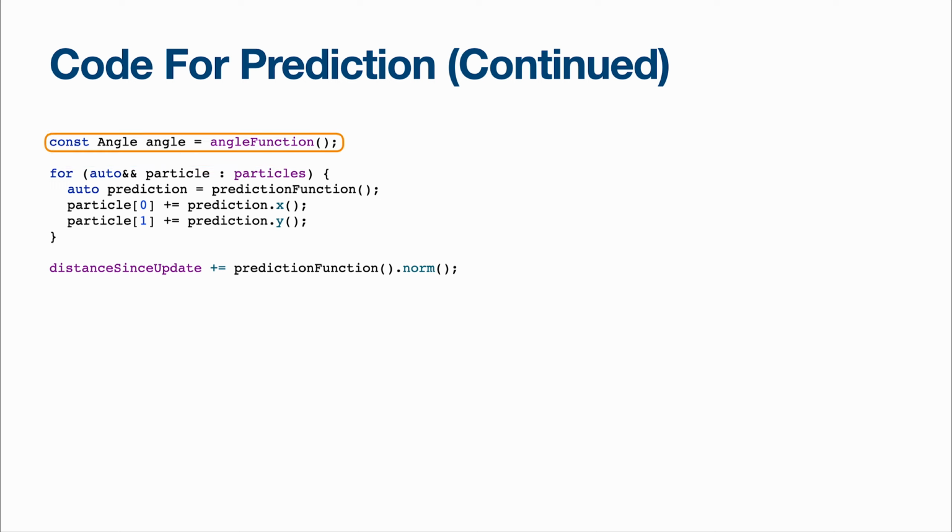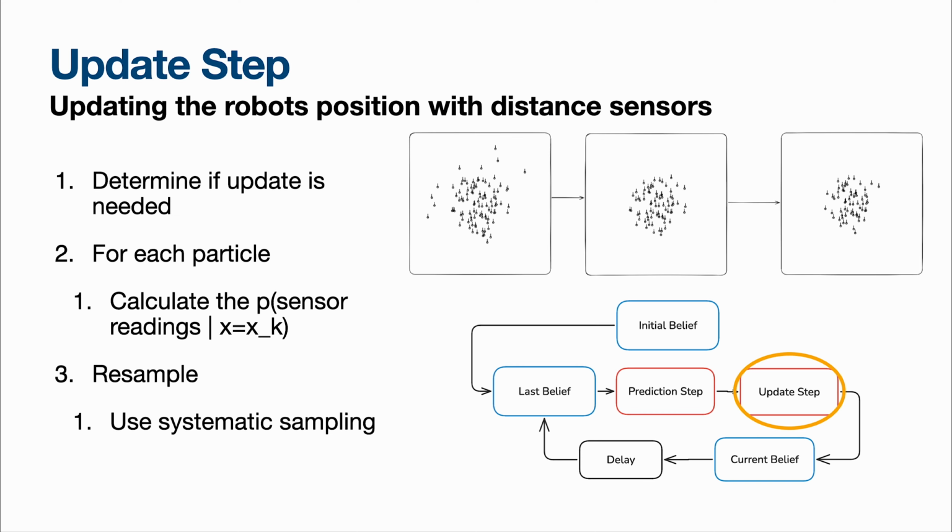So it goes through each of the particles and updates each of the predictions by adding on the Euler approximation for each of those, and then it'll update the distance since update with one random prediction function norm. This isn't perfectly accurate, but for my case scenario and for all of the VEX case scenarios, this will work fairly well for basically predicting how far it's moved since update. And I'll talk about why this is needed a little bit later.